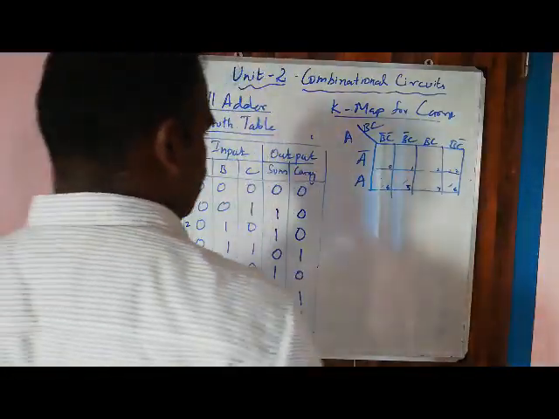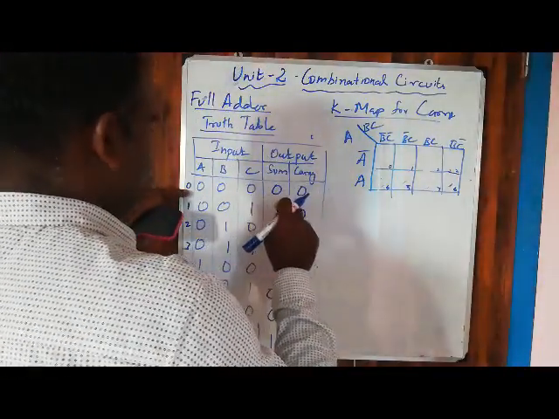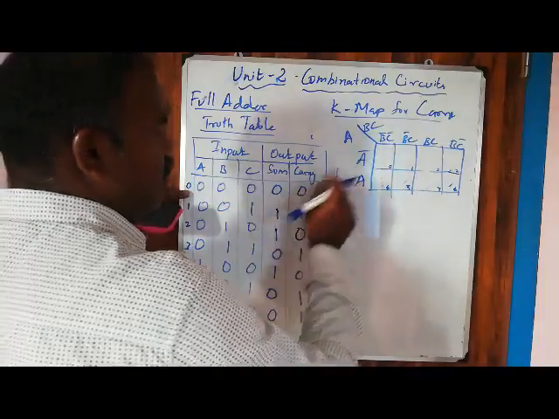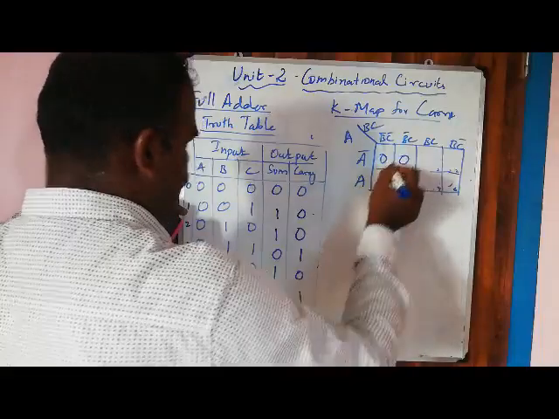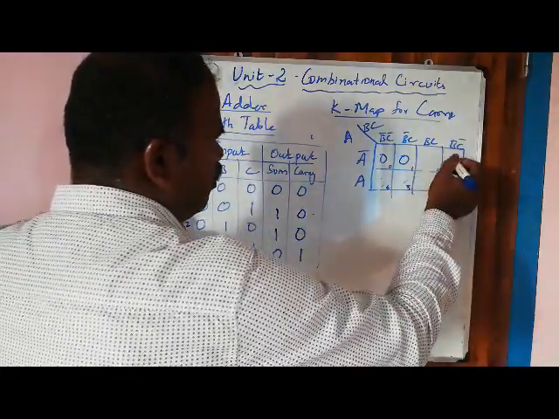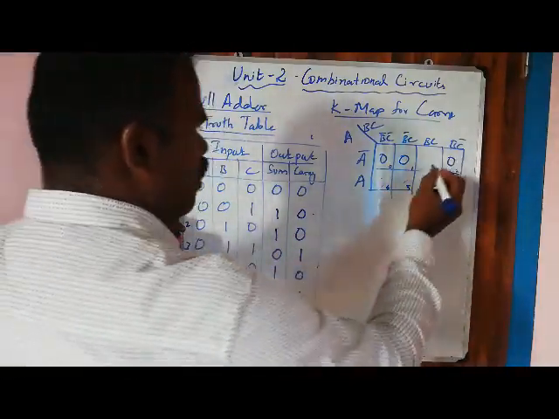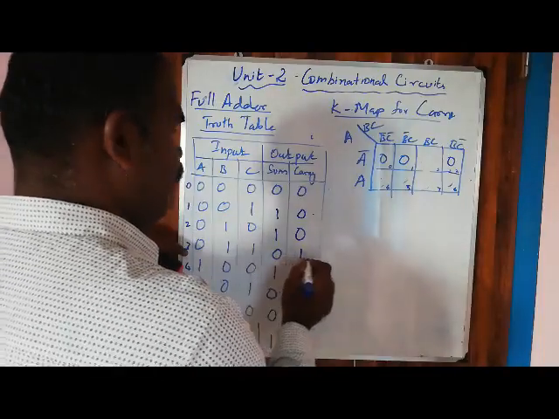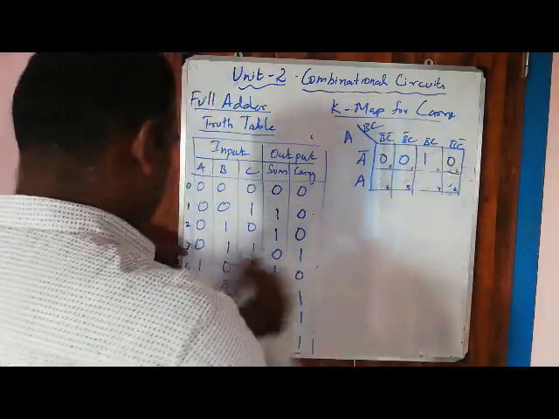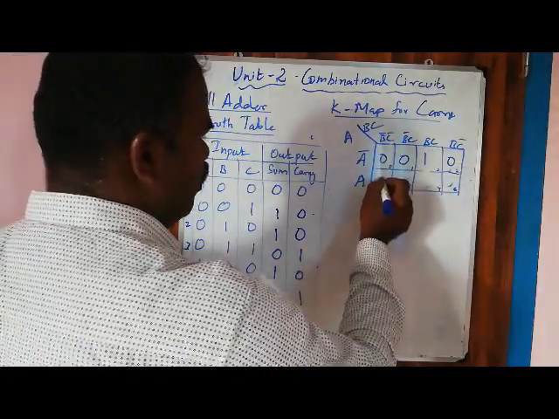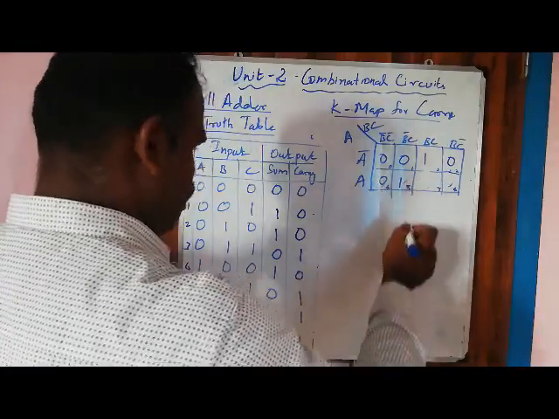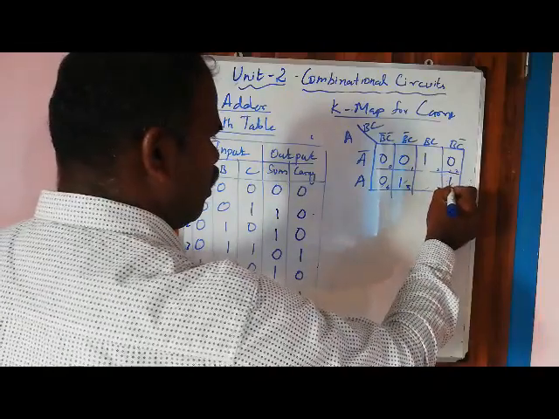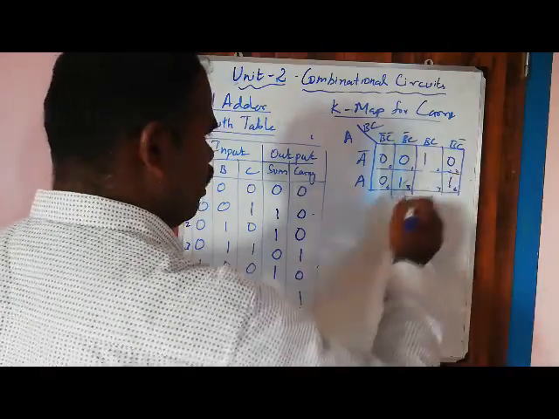For carry, for minterm 0 we put 0. For minterm 1 we put 0. For minterm 2 we put 0. For the third minterm we put 1. For minterm 4 we put 0. For minterm 5 we put 1, and 6 we put 1, and finally 7 is 1.